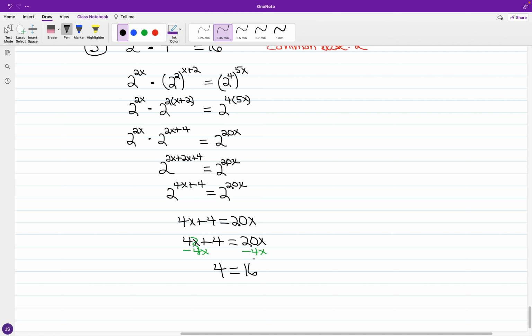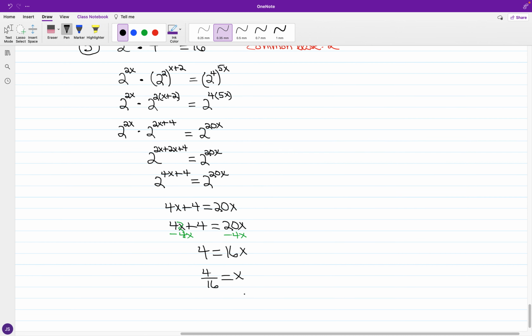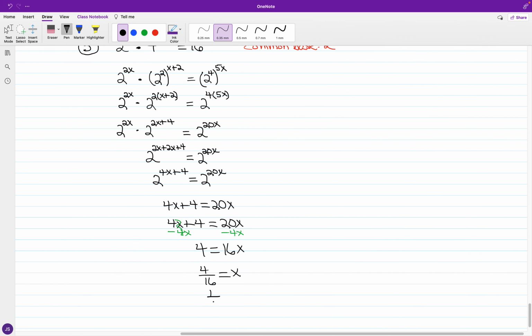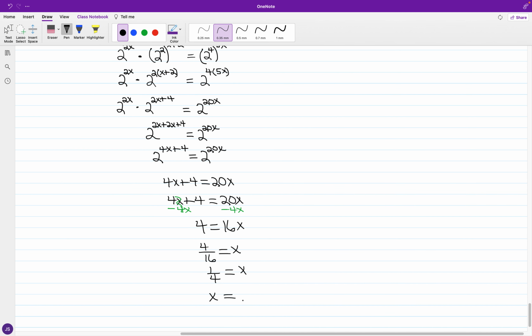Okay, so I have 4 is equal to 16x. And dividing by 16, we have 4/16 is equal to x. And from this 4/16, it's going to be 1/4. And so for the solution here, we're going to have a non-integer with the fraction 1/4.